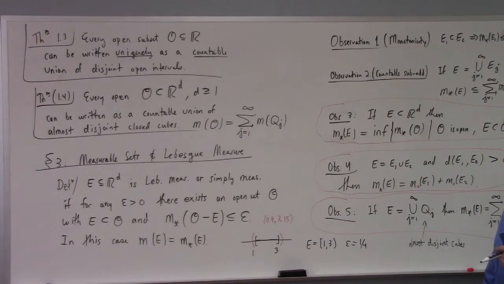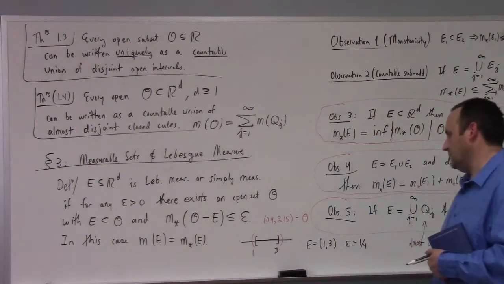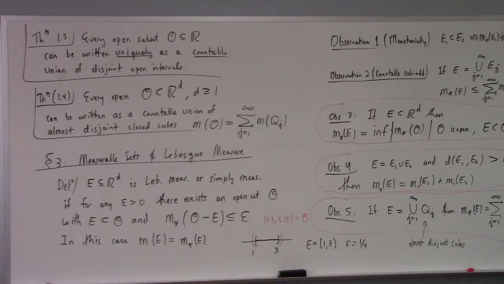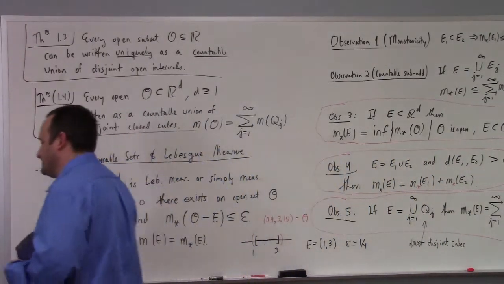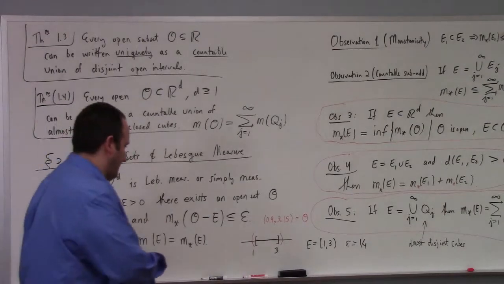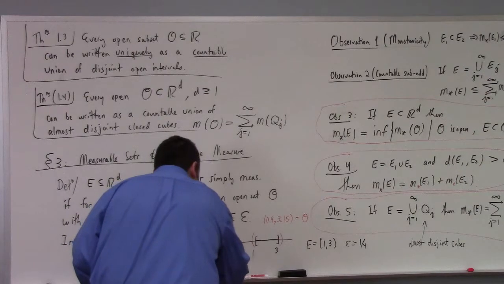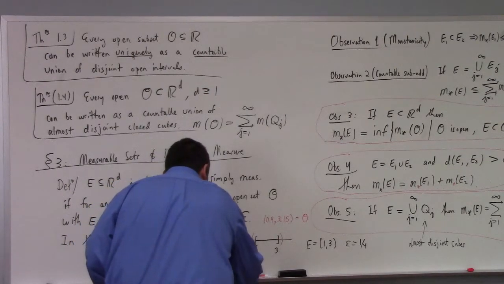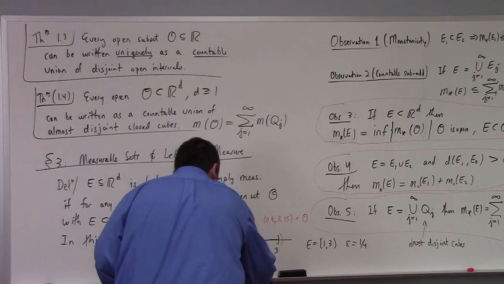If we take that to be our O, then what's the complement of E in O? O minus E is 0.9 to 1, included, unioned with 3 to 3.15.